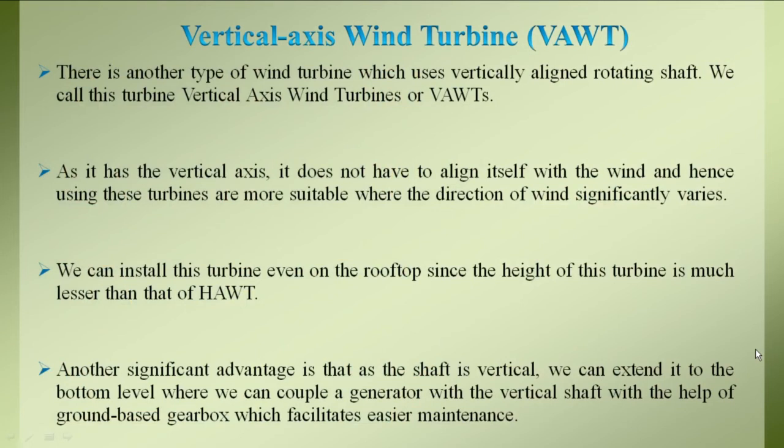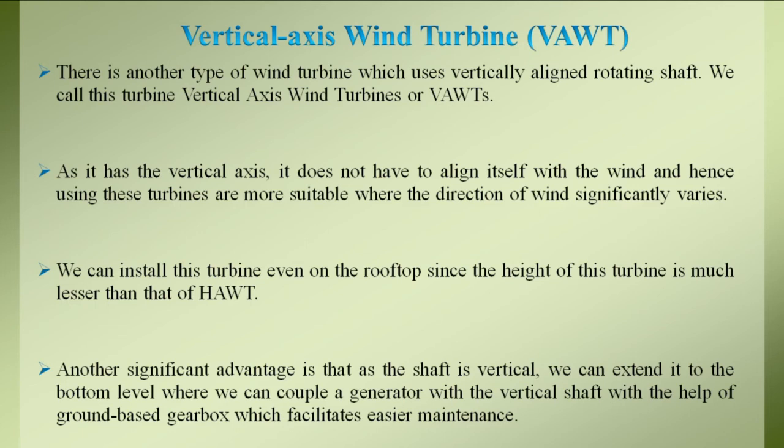There is another type of wind turbine which uses a vertically aligned rotating shaft. We call this turbine a vertical axis wind turbine, because, as we have observed, the axis of the rotating shaft is vertical.